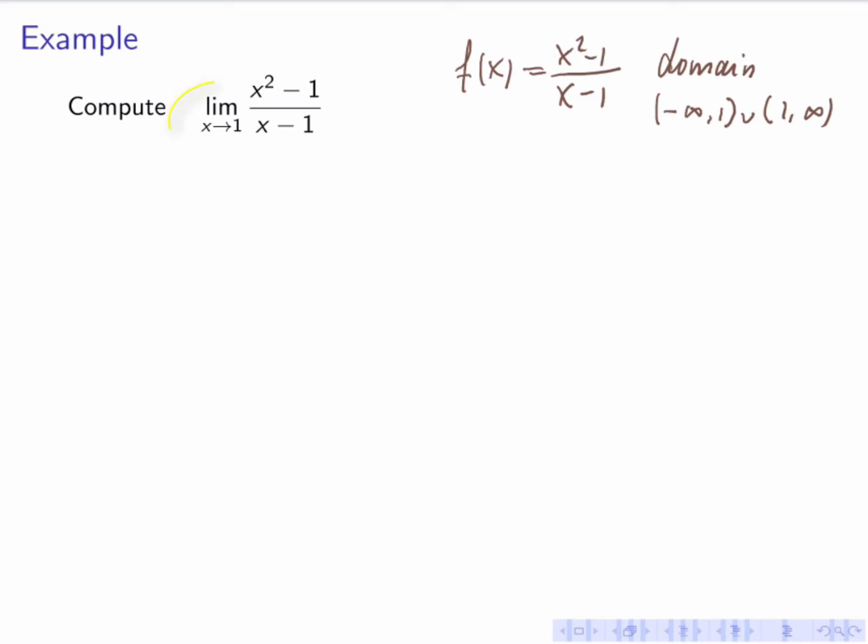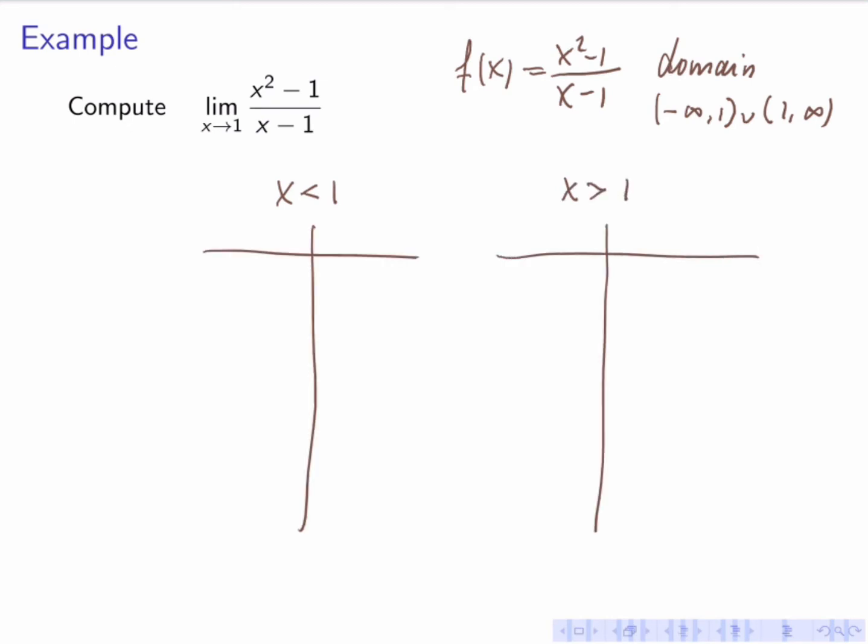And then, of course, this is exactly the limit I'm asking myself to compute. So the limit x to 1 of x squared minus 1 divided by x minus 1. Let's look at this for the two cases when x is less than 1 and when x is bigger than 1.